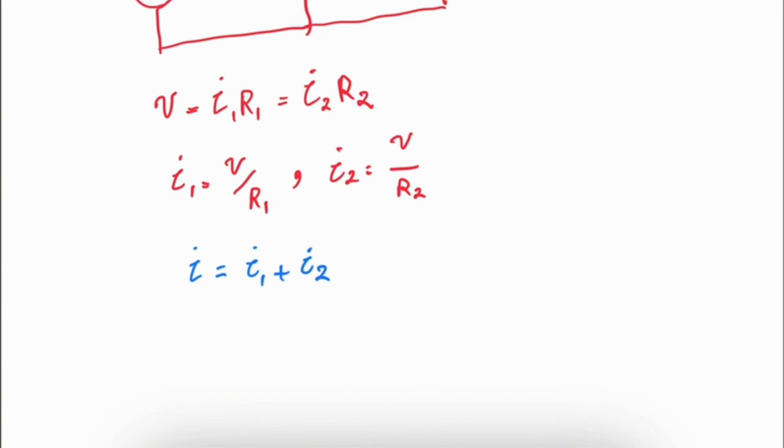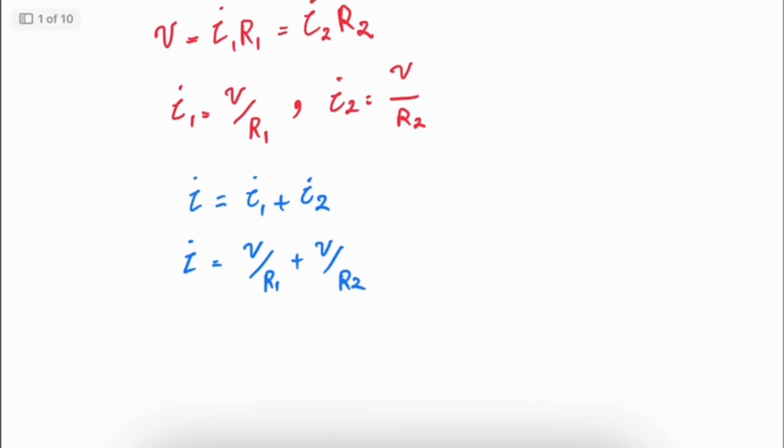Substituting I1 and I2 with the values that we had, I is equal to V over R1 plus V over R2. Or I can take the common factor of V, which is equal to 1 over R1 plus 1 over R2.